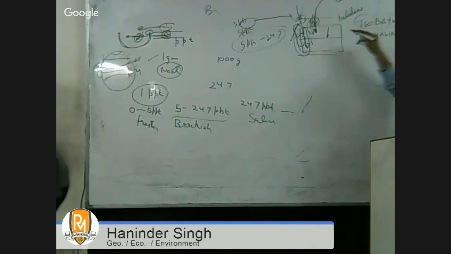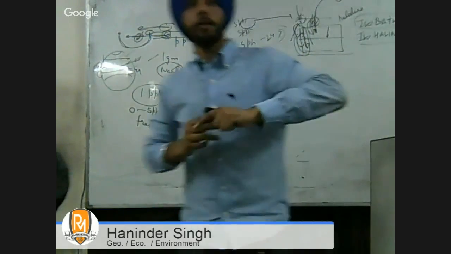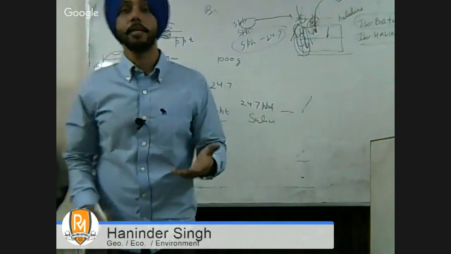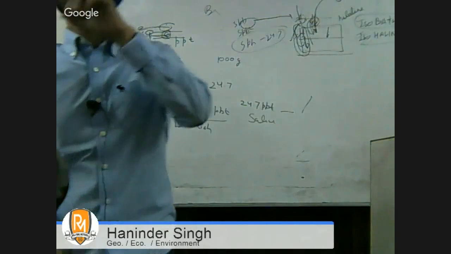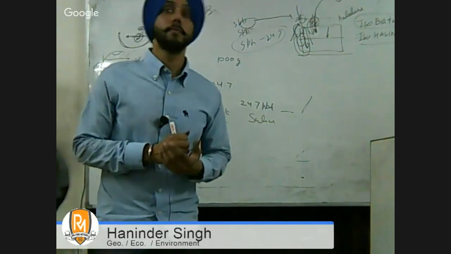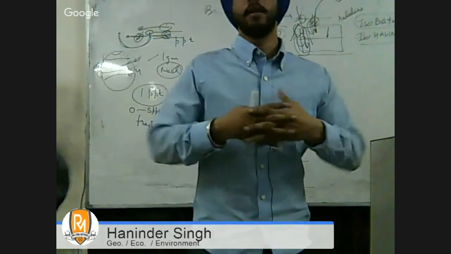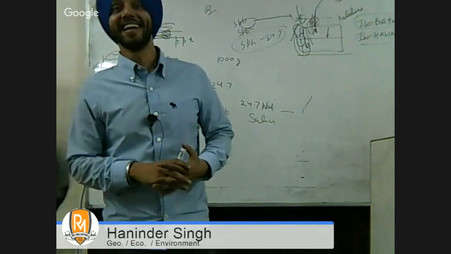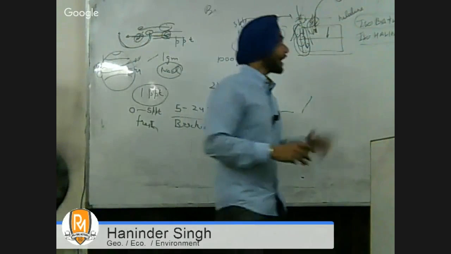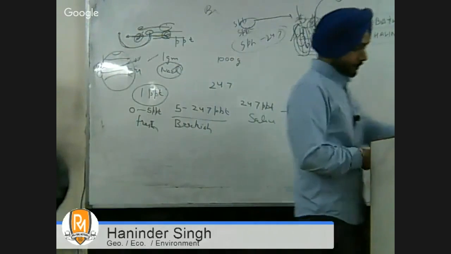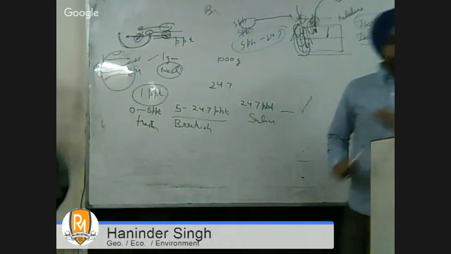And what is isobaths? Isobaths are lines joining places having the same depth.